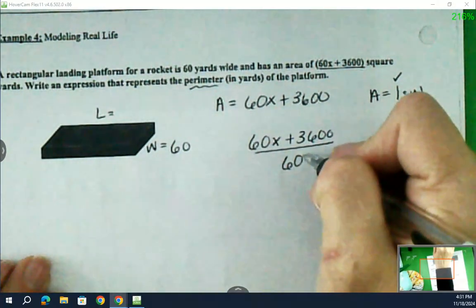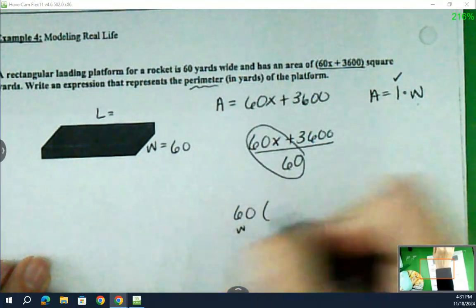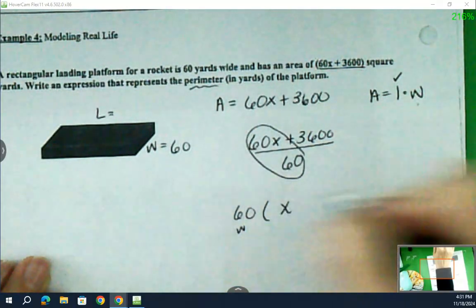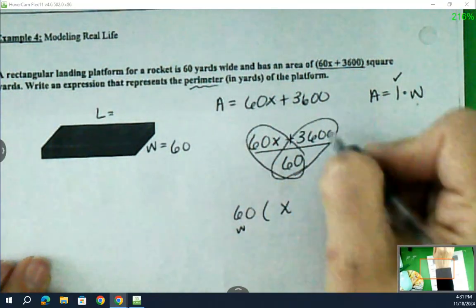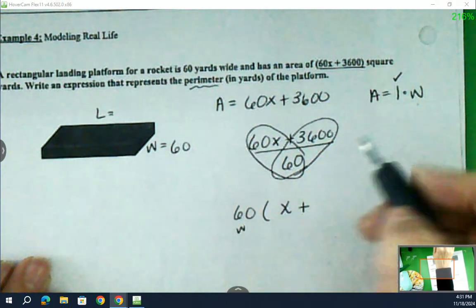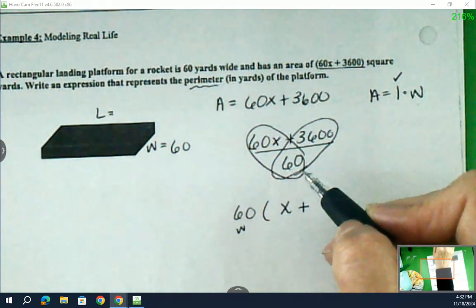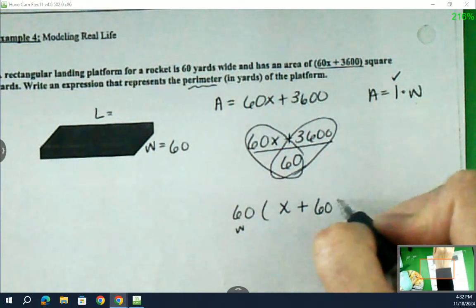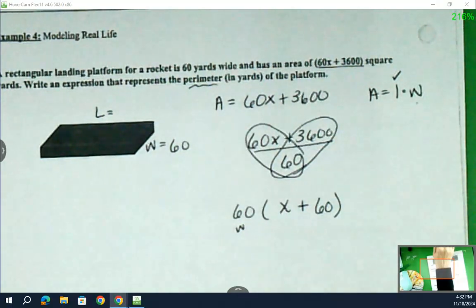Okay, so then we'll pull our 60 out in front. That's our width times the quantity. 60x divided by 60 is just x. And then here we have a positive divided by a positive, which is going to be a positive sign. 3,600 divided by 60 works out to be 60. So this right here is our length.